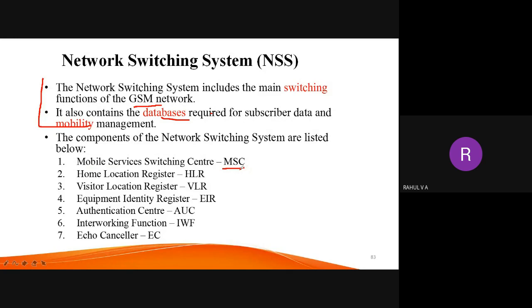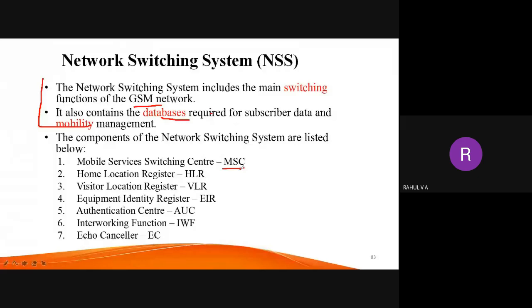Second one is Home Location Register, HLR. Third one is Visitor Location Register, VLR. Okay, and then we have Equipment Identity Register, EIR, Authentication Center, AUC, Interworking Function, IWF, Echo Canceller, EC.